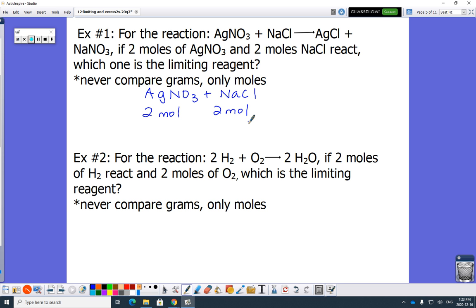And there are plenty of questions like this one. Do AgNO3 and NaCl have the same coefficient? Yes, they're both 1, so they have the same mole amount. If they're the same mole amount, that makes your life easy. There isn't a limiting reagent. It could be either one. Who cares, right? Actually, I'm not even going to write amounts. I'm going to write moles.